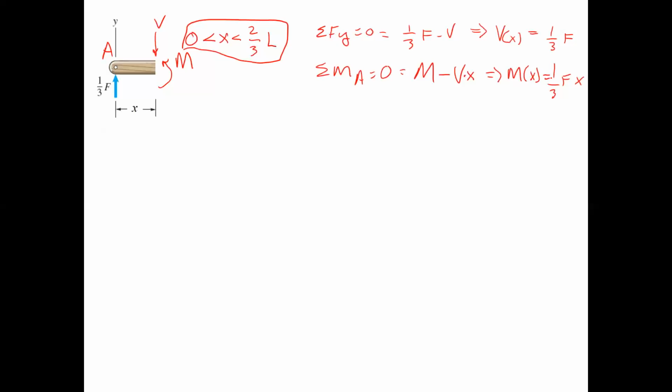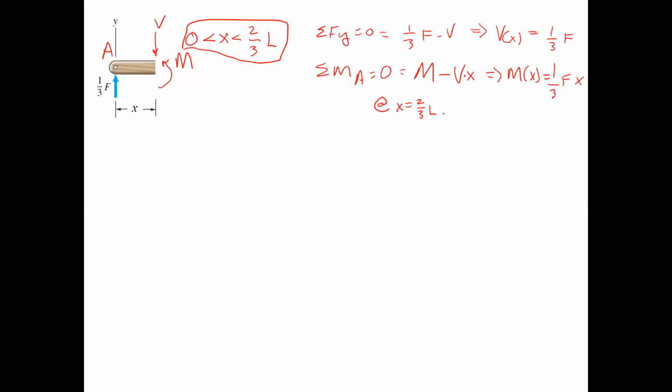But there is an interesting boundary condition in that the bending moment is not going to be able to change instantly. We'll talk about why that is later. But you can think about what's going to happen at X equals 2/3 L with the formula you just came up with. That's the point where the new force comes into play.